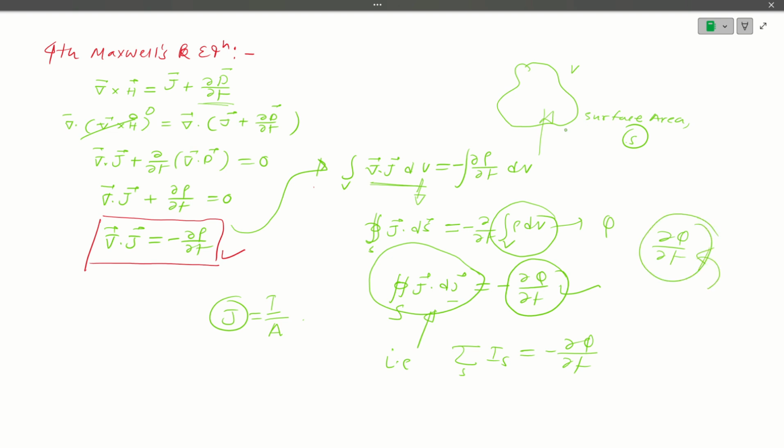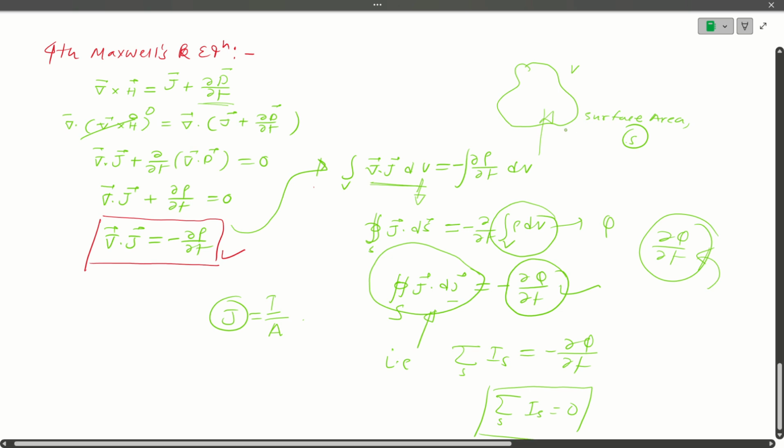Now this value is very negligible, so we can neglect this term, we can take it as 0. Therefore we get summation over surface S is equal to 0, that is the sum of all currents for all conductors passing through this surface area is 0.